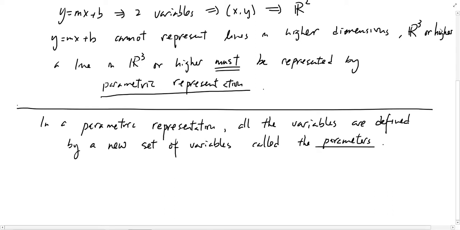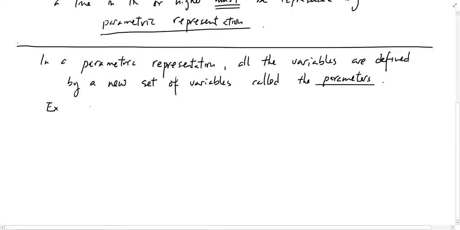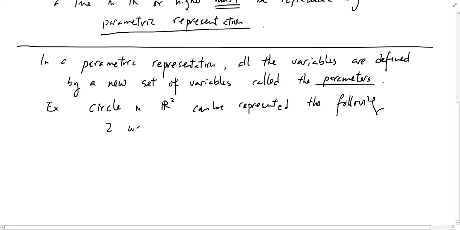So how is that different? Let's take something that you probably remember learning last year to explain. Let me give you a very simple example. Last year, we learned that a circle in R2 on the xy plane can be represented in the following two ways.